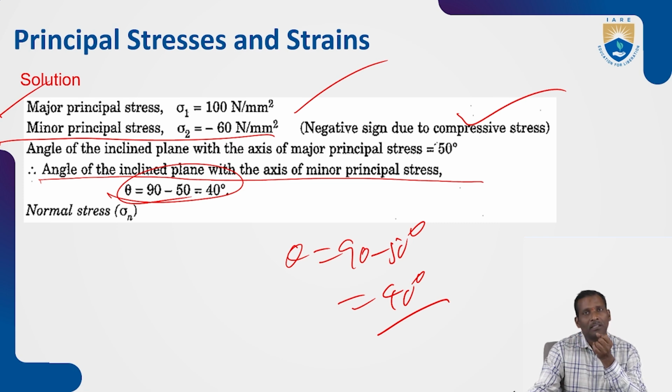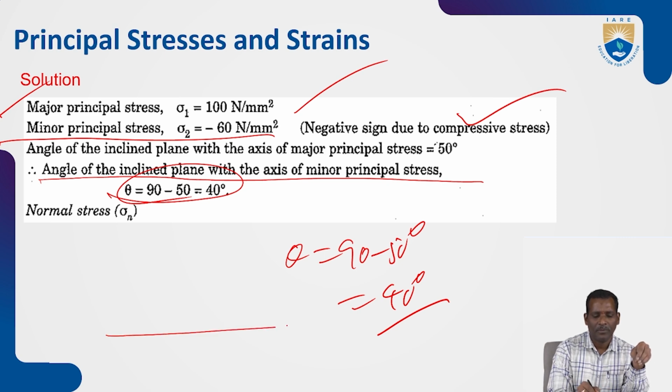So the minor principal stress angle is 40, and that is vertical. So this is the major principal stress and this is minor.